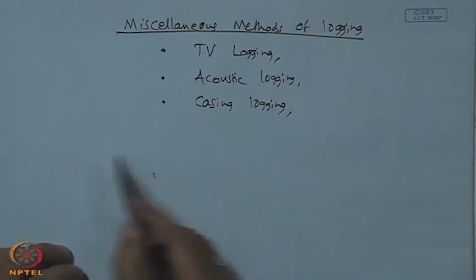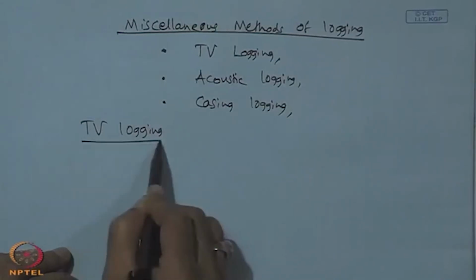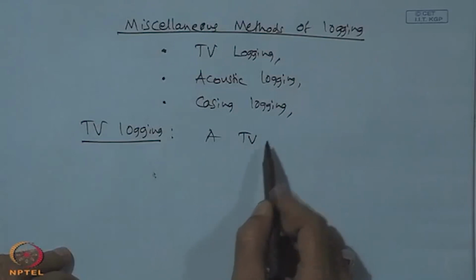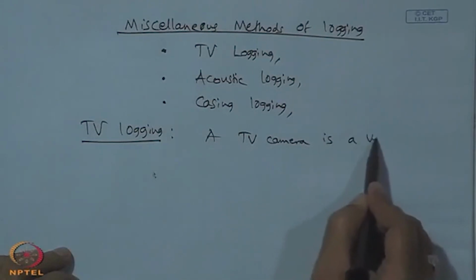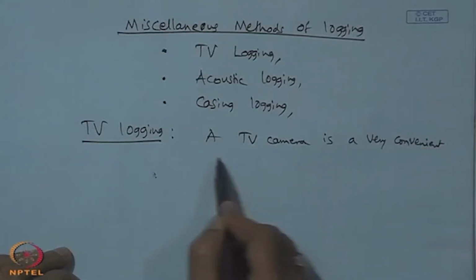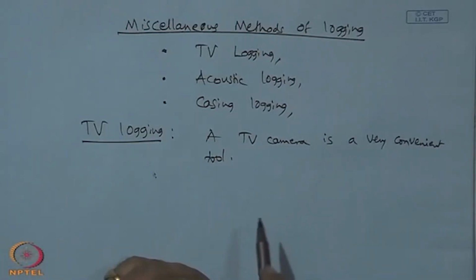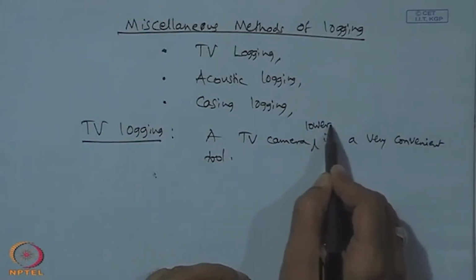Now let us come to this TV logging. In this, a TV camera, a television camera, is a very convenient tool. This TV camera is lowered in a well.